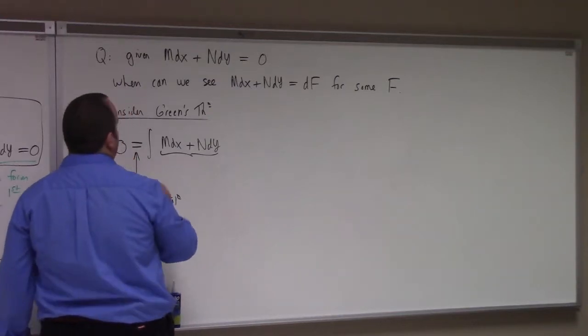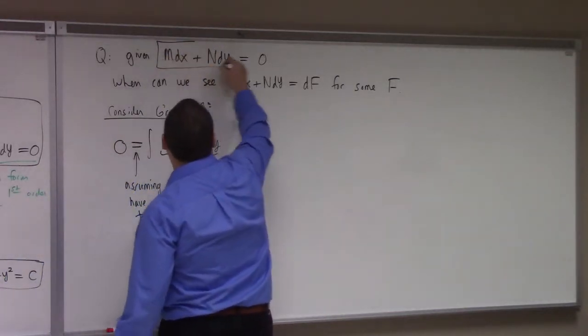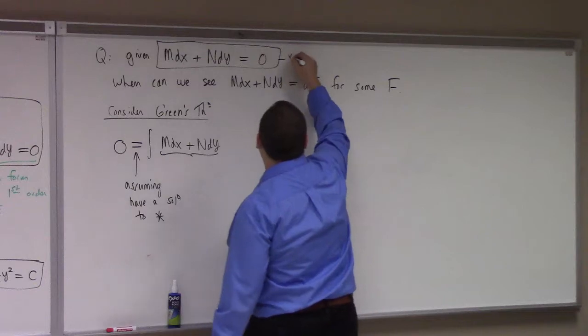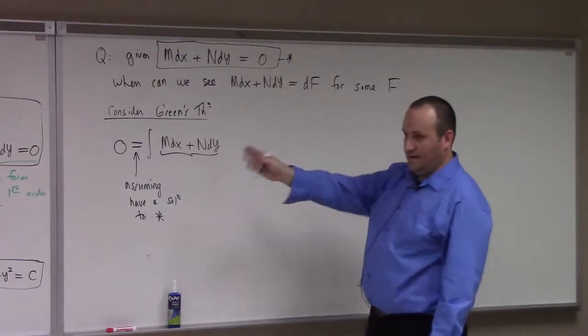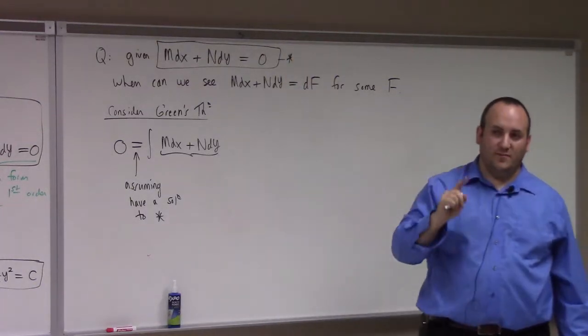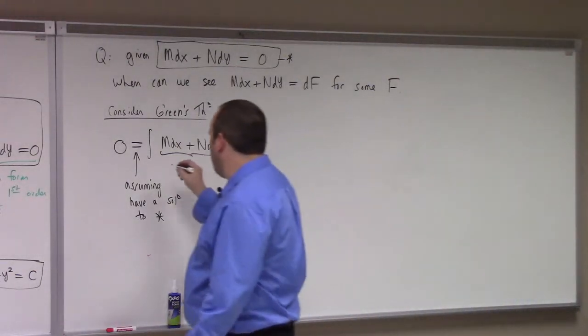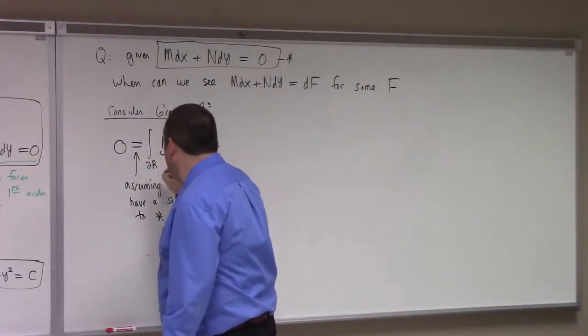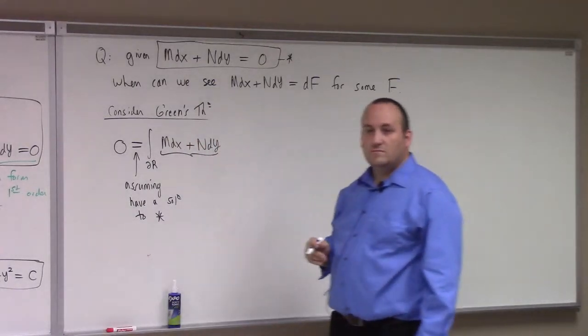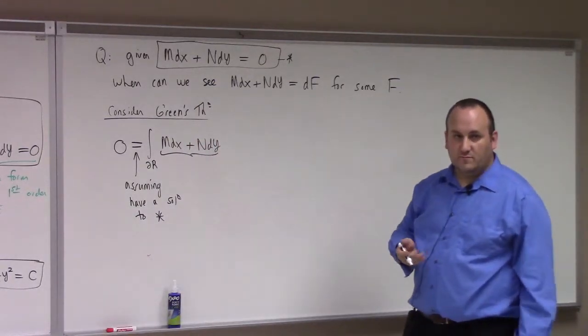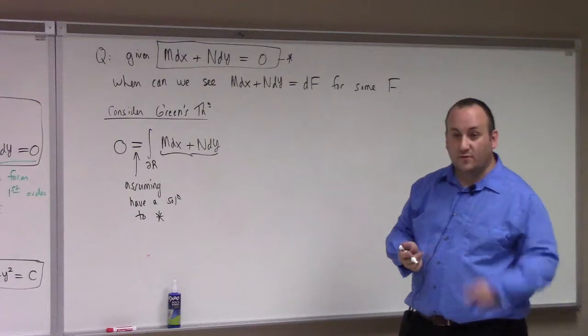Let me give this differential equation a name. I'll call it star. Right? That has to be 0. But what else? And I can do that for any boundary to some region in whatever domain we're looking at. But Green's theorem says what?